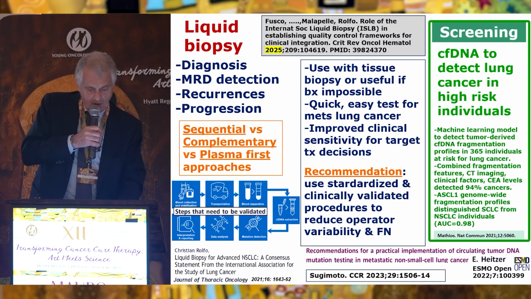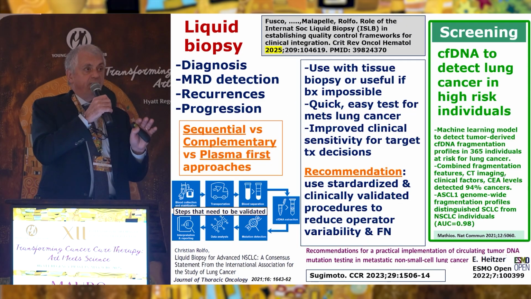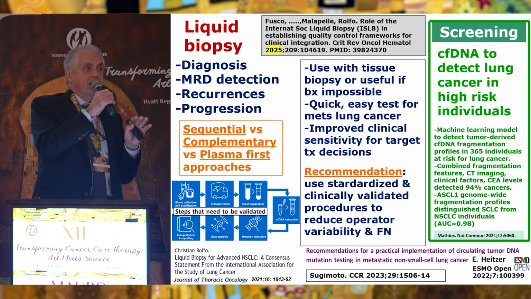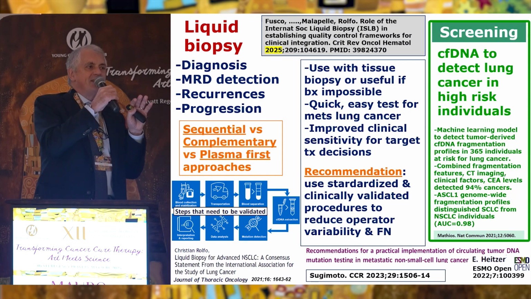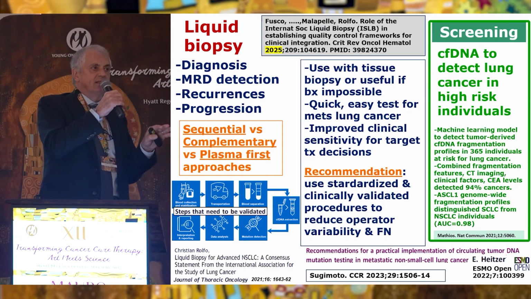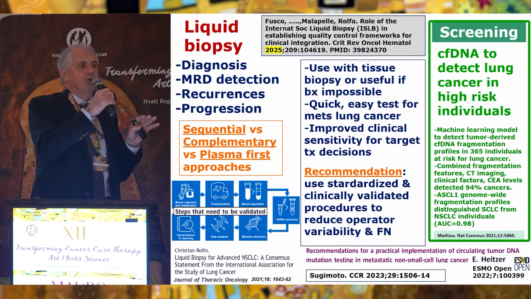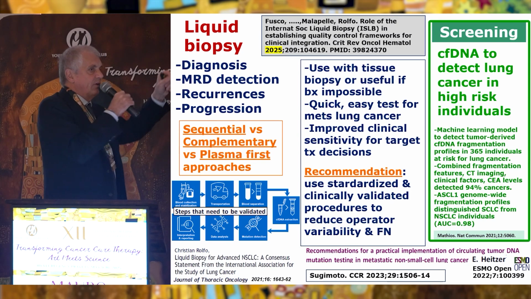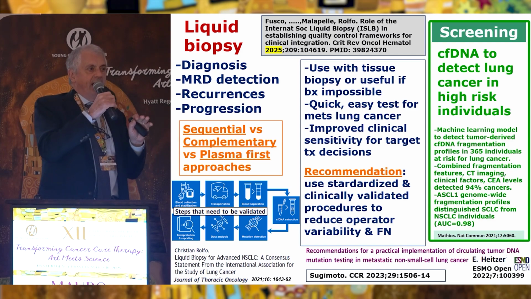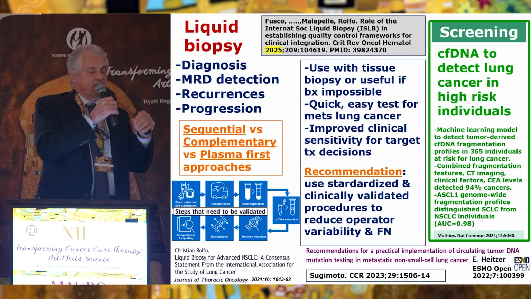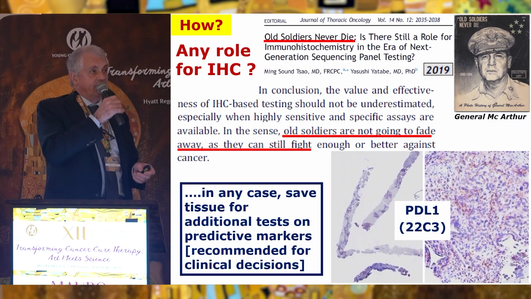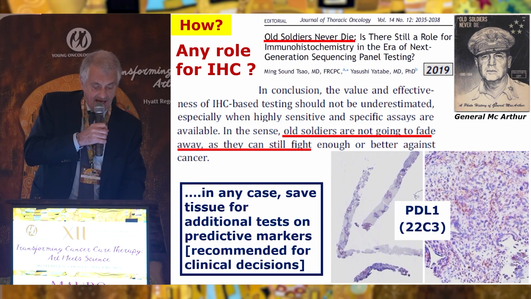So that's the issue of liquid biopsy. But in the future, liquid biopsy is something very, very powerful, provided that we use the same preservation conditions as those used for tissues, because blood cannot be taken everywhere without appropriate transport and preservation conditions, because the RNA and the circulating free DNA is very delicate.